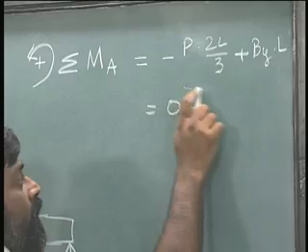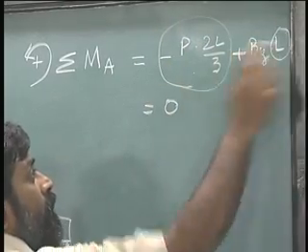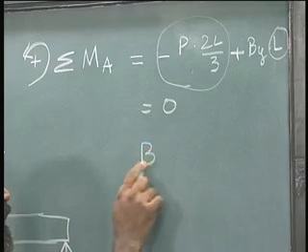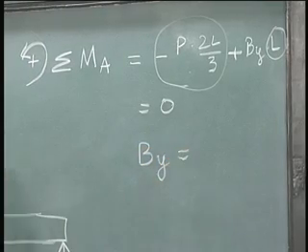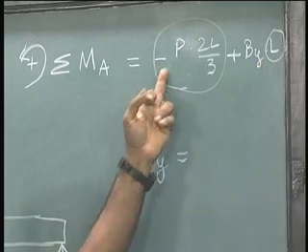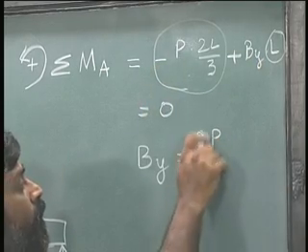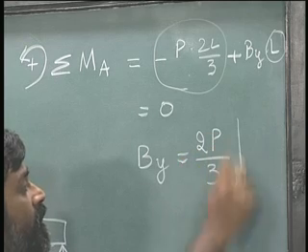Remember, in this particular case these are known, which means I can immediately find out what By is. Okay, L will get cancelled and it is nothing but 2P by 3.